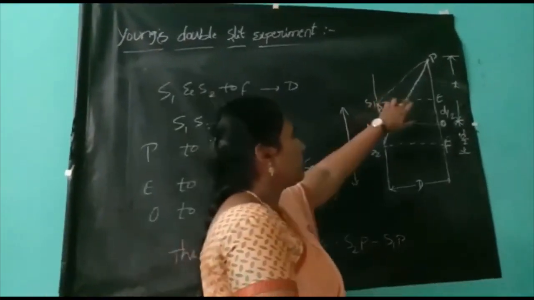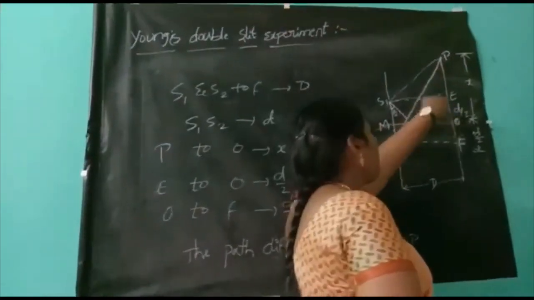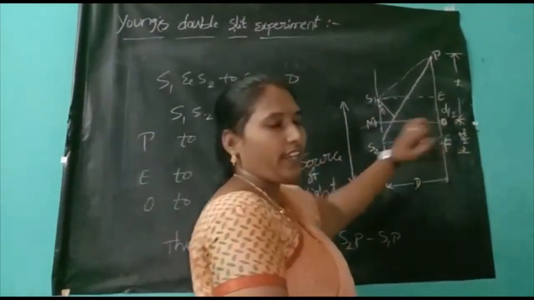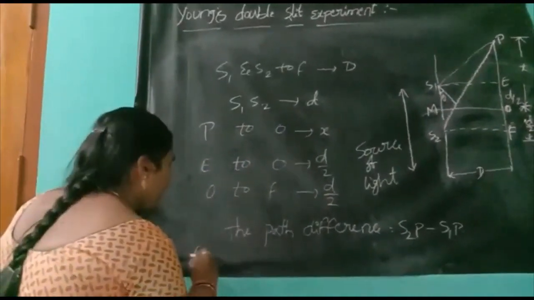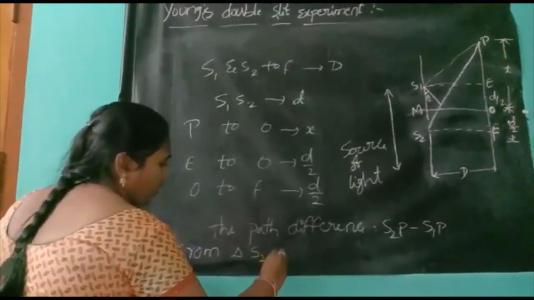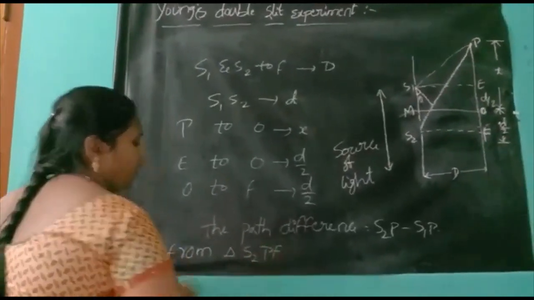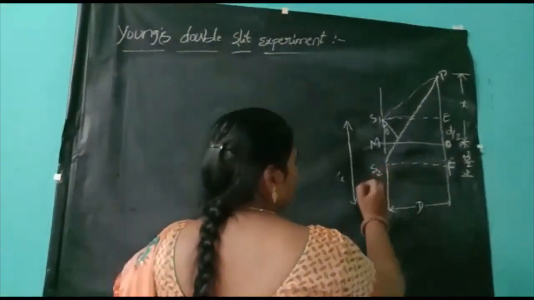Here S2PF is one triangle. From triangle S2PF, we should follow the Pythagoras principle.